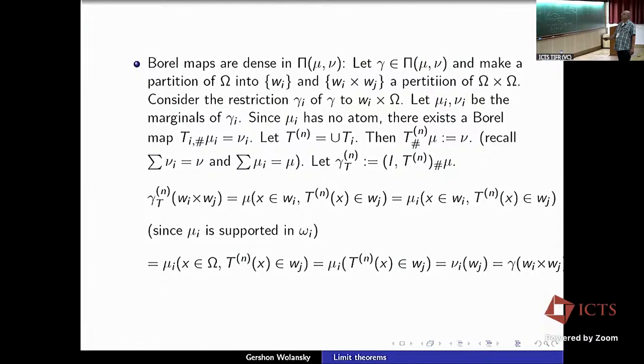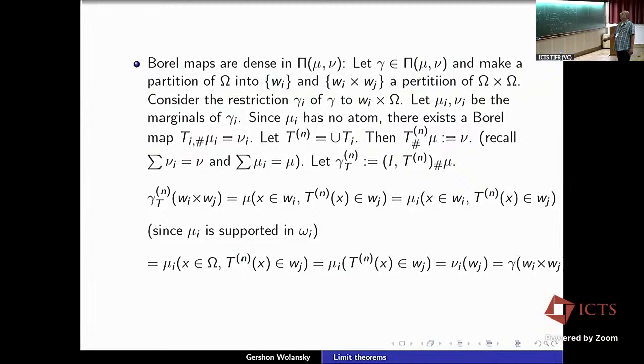That's the way we define gamma n by this push forward. So this is mu i. Because mu is equal to mu i on Wi, we can replace mu by mu i. Mu restricted to Wi is just mu i, so we can put it like this.